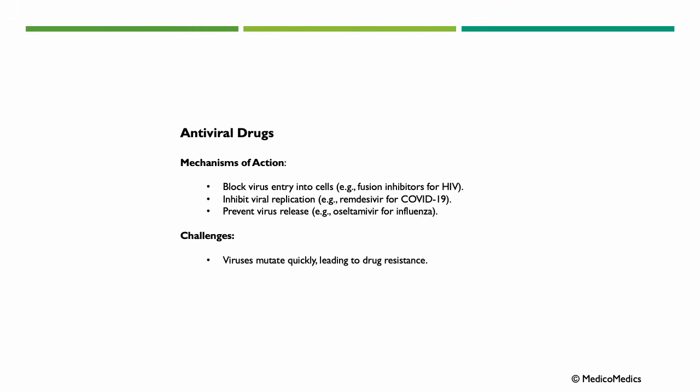So let's mention briefly some antiviral drugs. What is the mechanism of action in general here? Well, they can block virus entry. Remember the steps again. We first had attachment and entry. So a mechanism of action of some antiviral drugs would be to block this entry, like, for example, fusion inhibitors for HIV. We can use drugs to inhibit replication.